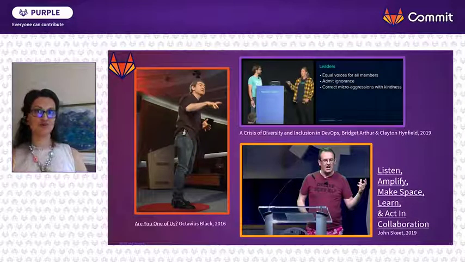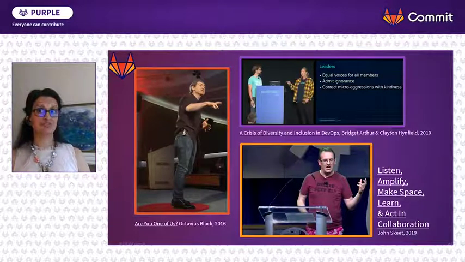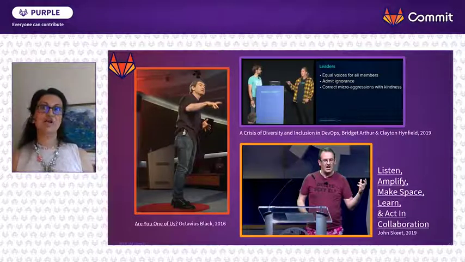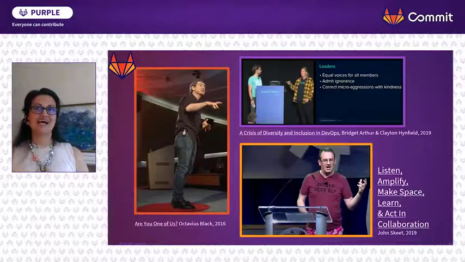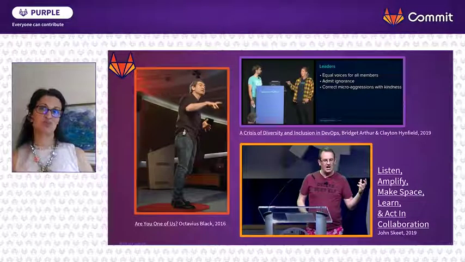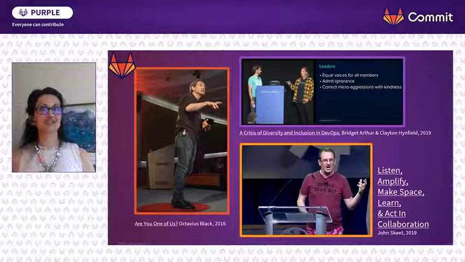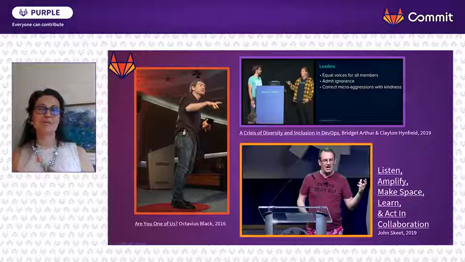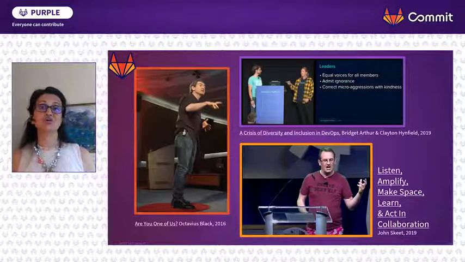And John Skitt from Google delivered a 5-minute talk titled Listen, Amplify, Make Space, Learn, and Act in Collaboration. Beautiful. I'd be happy to help anyone, in fact, submit inclusion proposals at conferences. It's not that hard, and you can see, I'm not an HR professional, but it feels great to talk about these topics because they are really important.